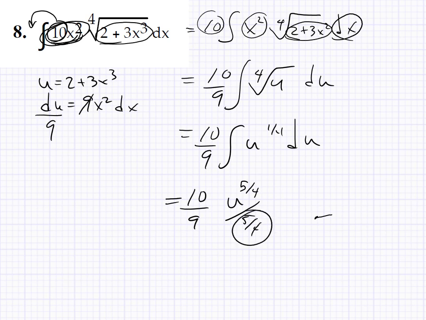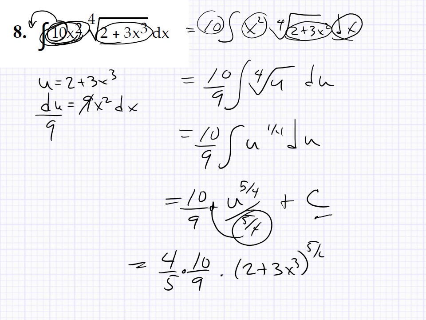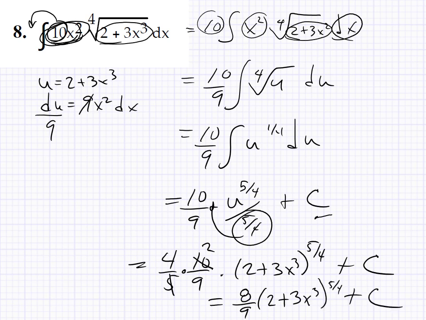Well, divided by a fraction, we've done this a bunch of times, you're going to flip and multiply, plus c. So I'm going to have 4/5 times 10/9 times u, which was 2 plus 3x cubed, to the 5/4 plus c. Now what I can do here is I can cancel this 5 and this 10. I'm left with a 2. So ultimately I end up with 8 over 9, 2 plus 3x cubed to the 5/4 plus c.